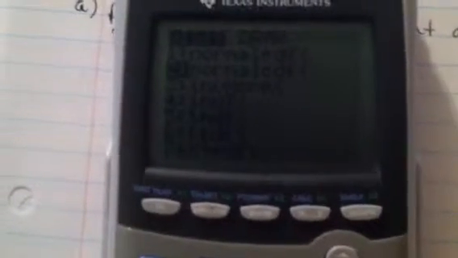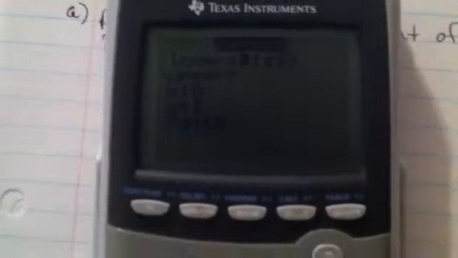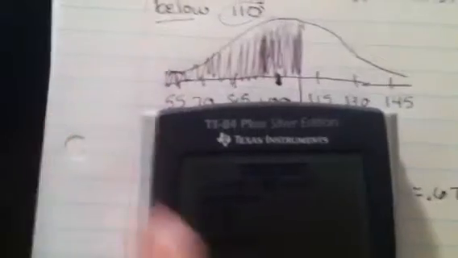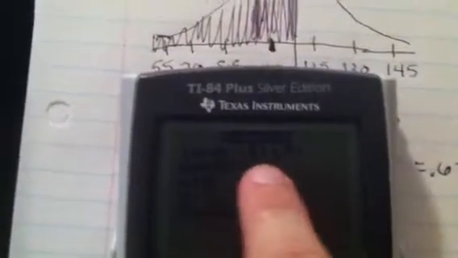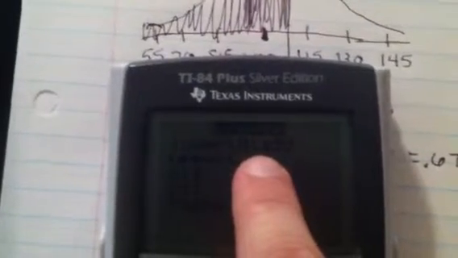I want to go to the normal CDF function, and you're always going to be using normal CDF. And notice it prompts you, it gives you a menu, lower bound. Well, if your curve is shaded on the left, which ours is, then we have an infinite lower bound, so we give it a very, very small number, negative 1e to the 99. That's a very small number.